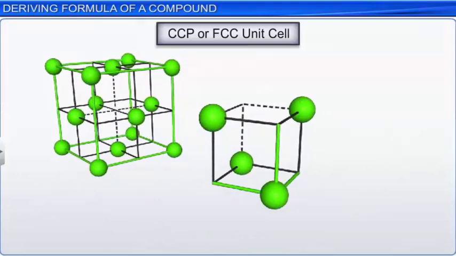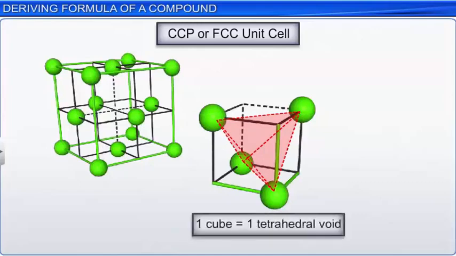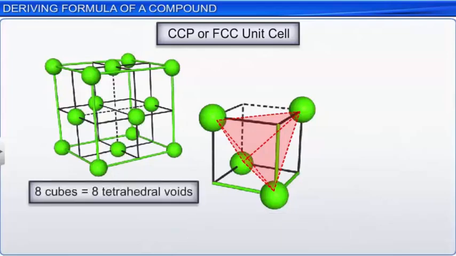A careful look shows that spheres are present at the alternate corners in this cube. When these spheres are joined, we get a tetrahedron, and the void thus generated is a tetrahedral void. As each small cube has one tetrahedral void, there are a total of 8 tetrahedral voids in a CCP or FCC unit cell.